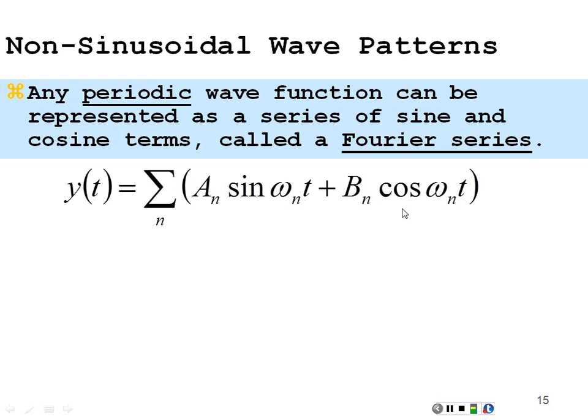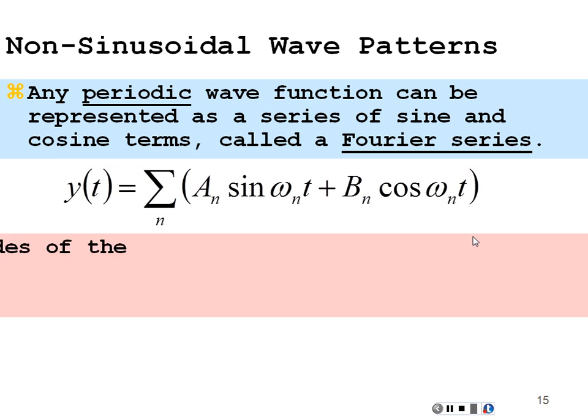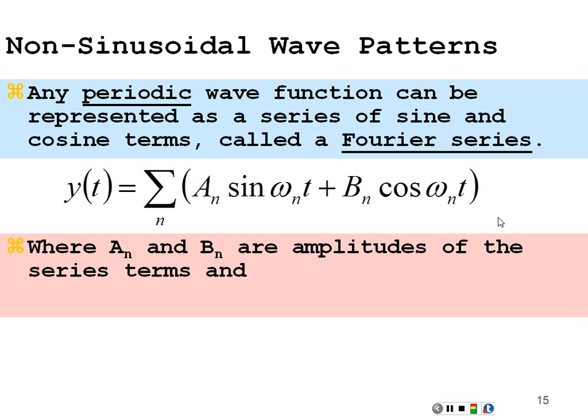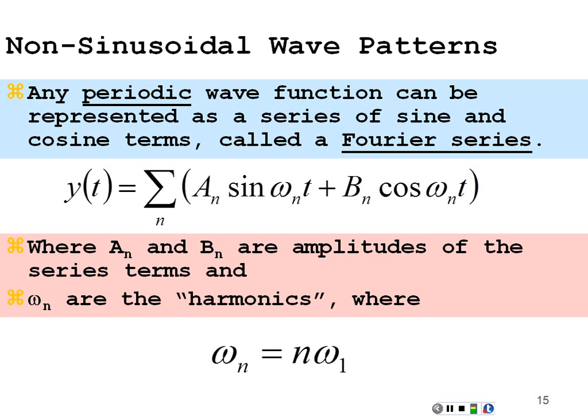So amplitudes, b sub n, cosine, omega n times t. If the oscillation is periodic, we can put it in this kind of form with sine and cosine terms, varying the amplitudes of all the harmonics. So a sub n and b sub n are amplitudes of the series terms, omega sub n are the harmonics. And each harmonic, omega sub n, is equal to an integer multiple of the fundamental frequency. This is really neat.